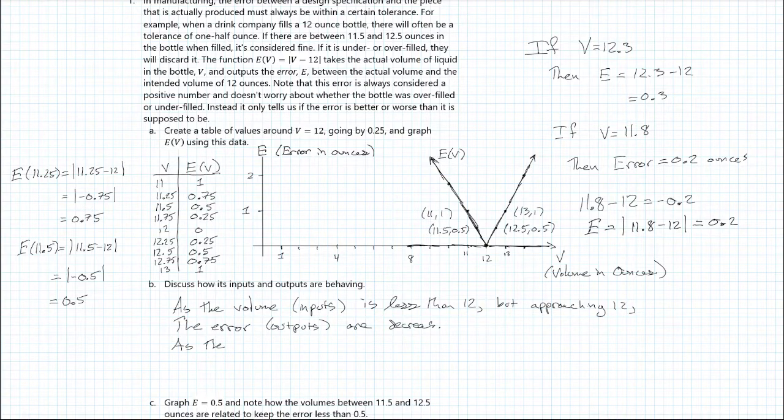As the volume goes past 12, the error hits 0 at 12 specifically, and then goes up. Right? After we go past 12, the error starts increasing again.